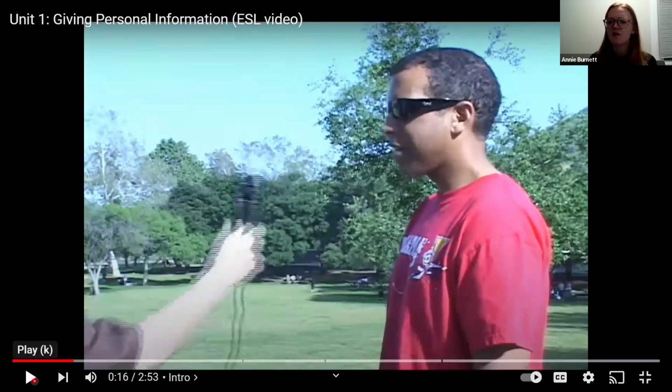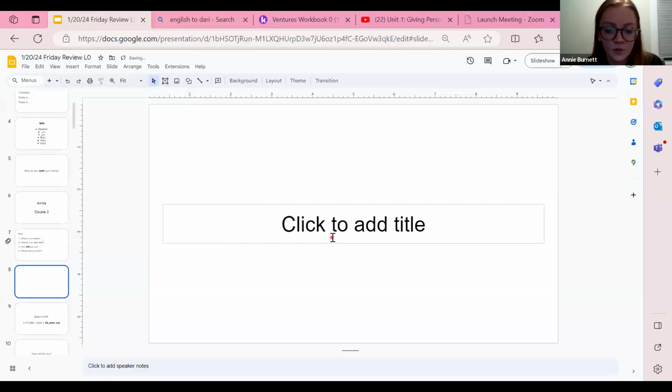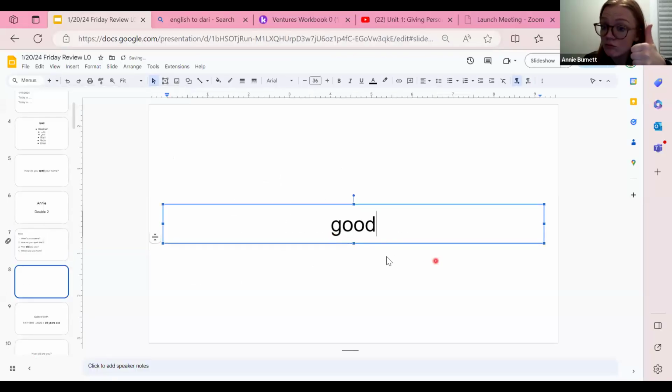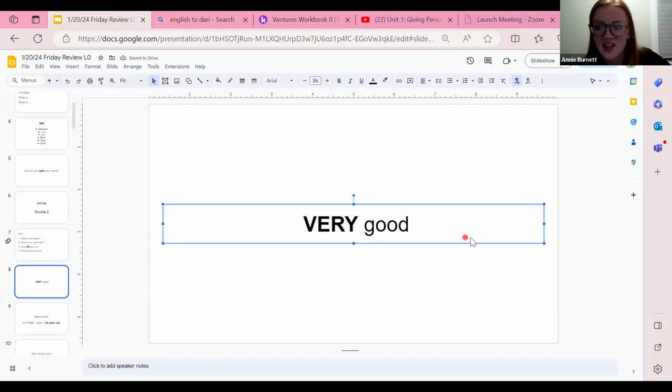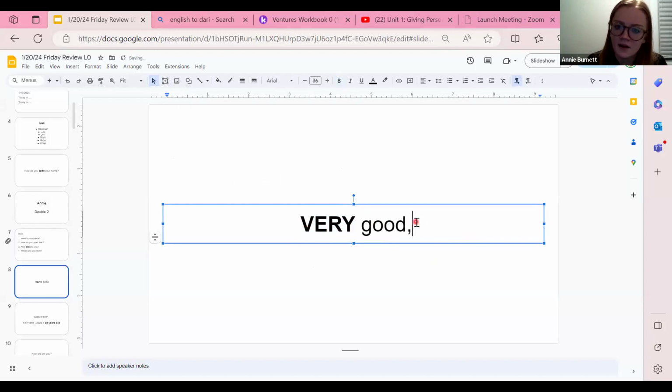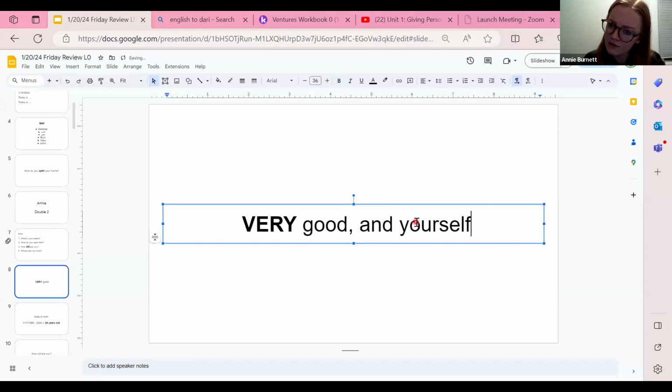He says, very good, right? So we have good, very good. Very. I just learned this word in Russian, очень, right? Very good. And yourself?